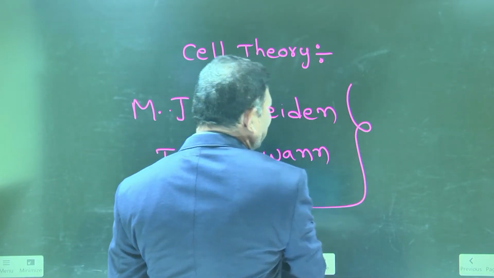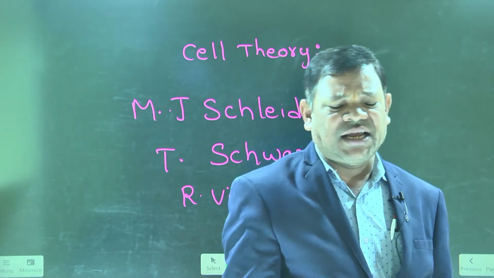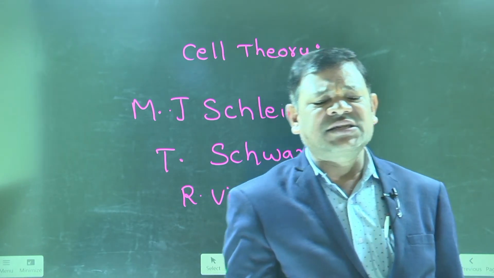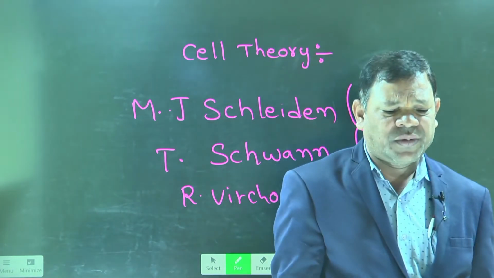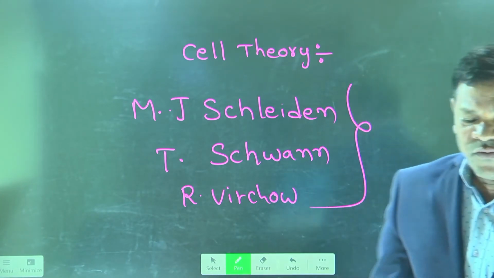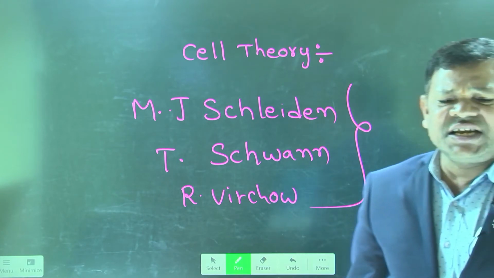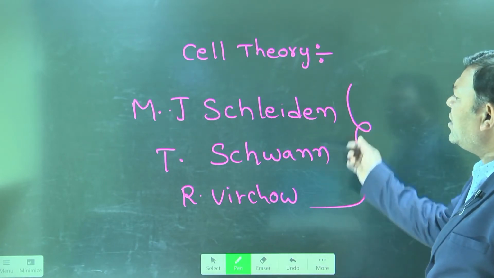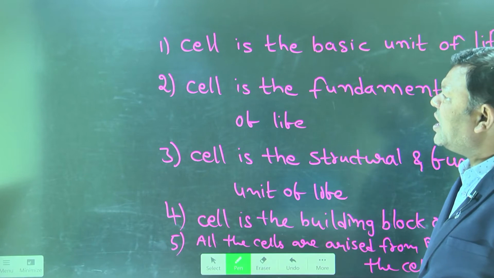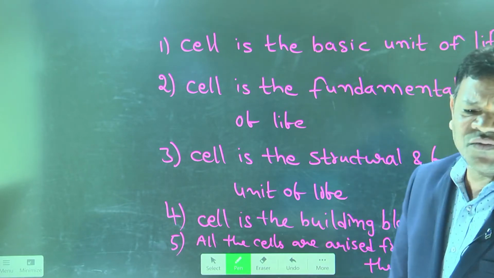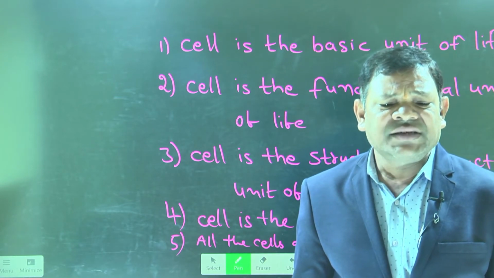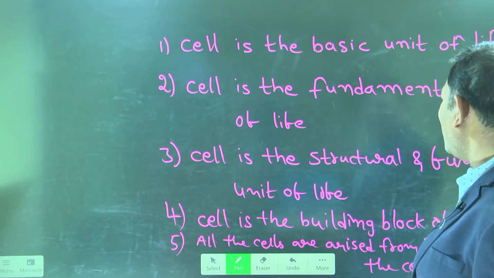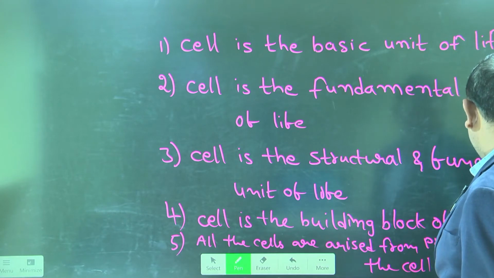So these are the three scientists behind the cell theory: Matthias Jakob Schleiden, Theodor Schwann and Rudolf Virchow.